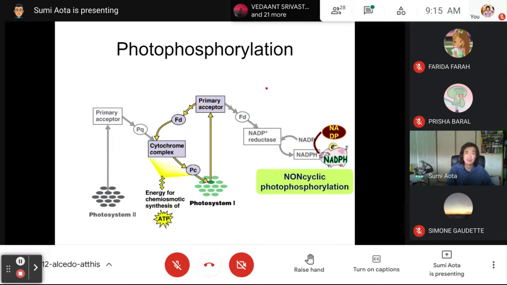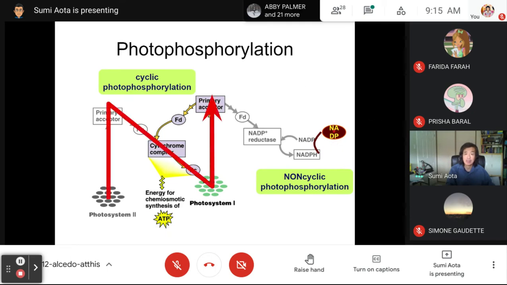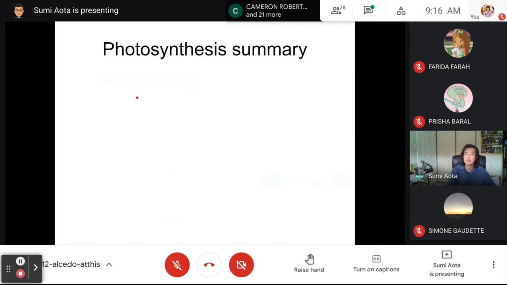But in cyclic photophosphorylation, you don't make any NADPH. The electrons come in up to the end of photosystem 1, and then they cycle back to make more ATP. So this part of the pathway isn't used. Okay? So you still generate ATP, but no NADPH.